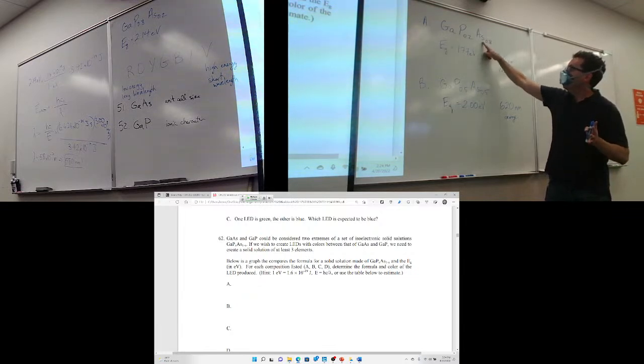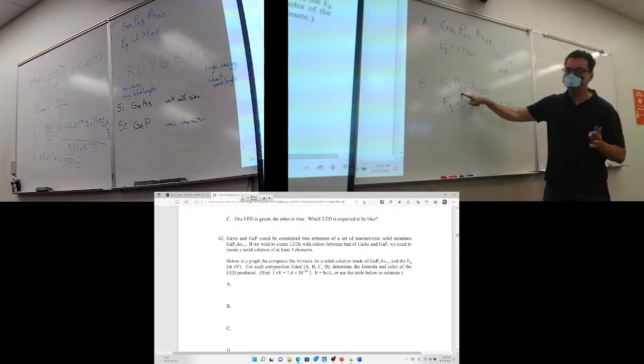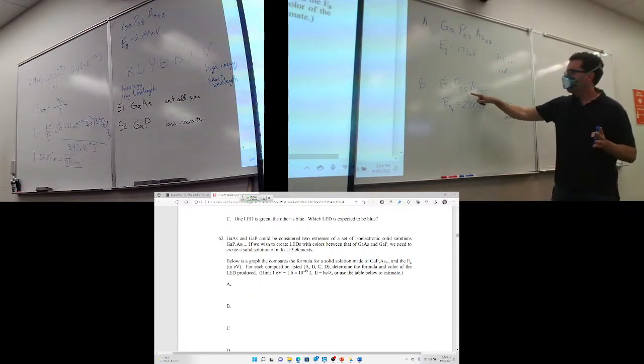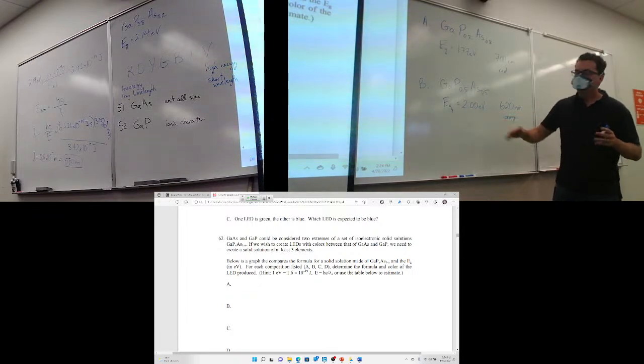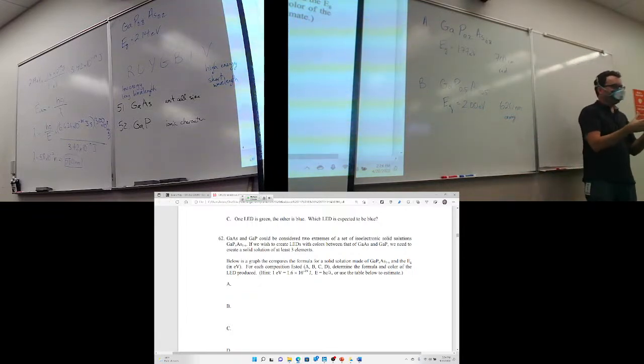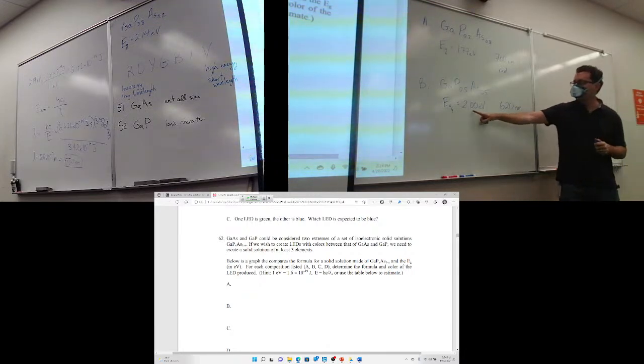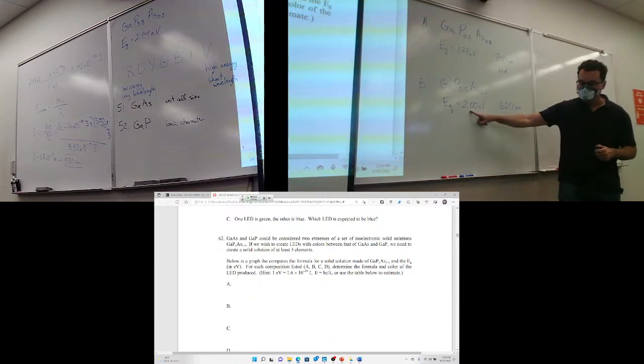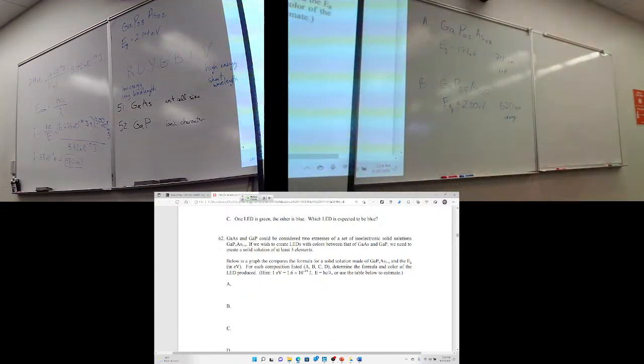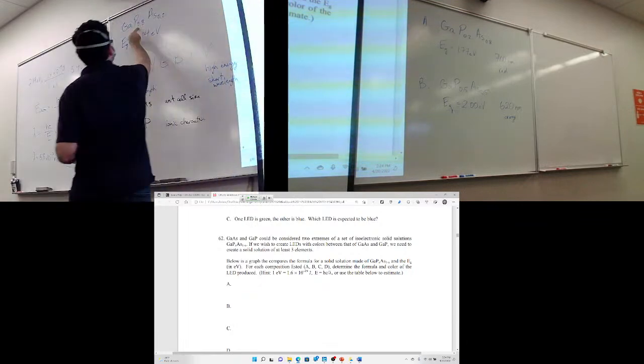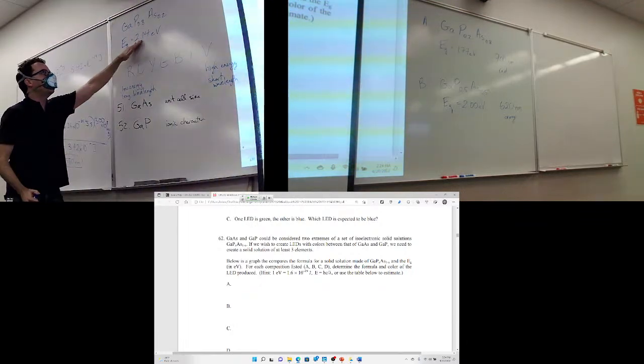As we start swapping the larger arsenic for the smaller phosphorus, we're getting more smaller atoms, so there are shorter bonds and more overlap. The band gap is going to start to go up, and it does. And as we keep swapping more of the larger arsenic for the smaller phosphorus, we get a higher band gap.